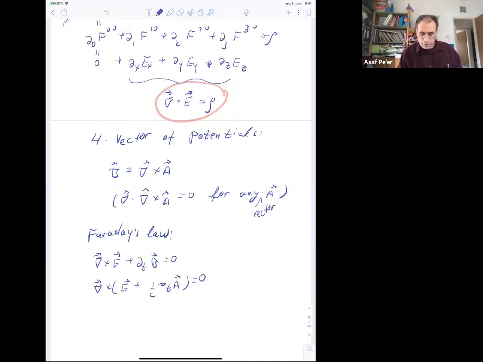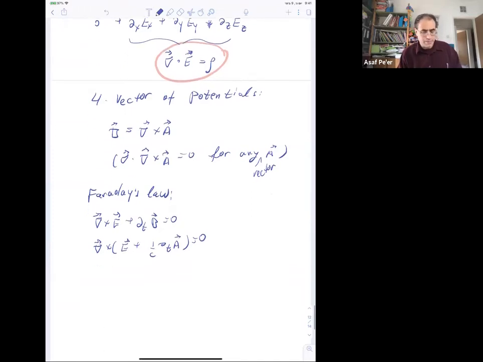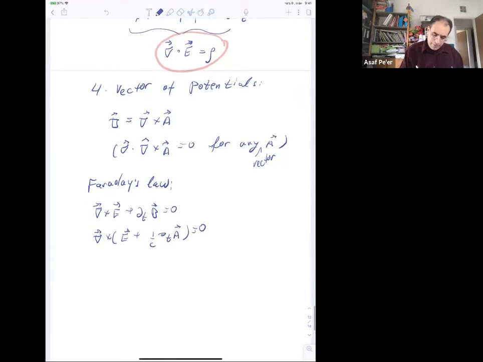Now again, the curl of a gradient is always 0. That's a mathematical identity: ∇×∇U of a scalar function is always 0.